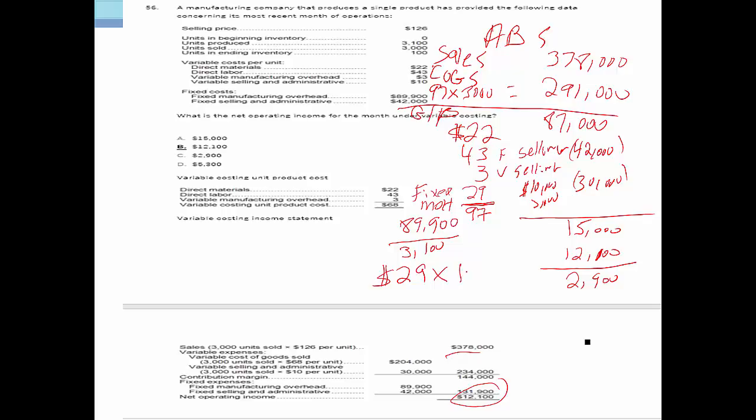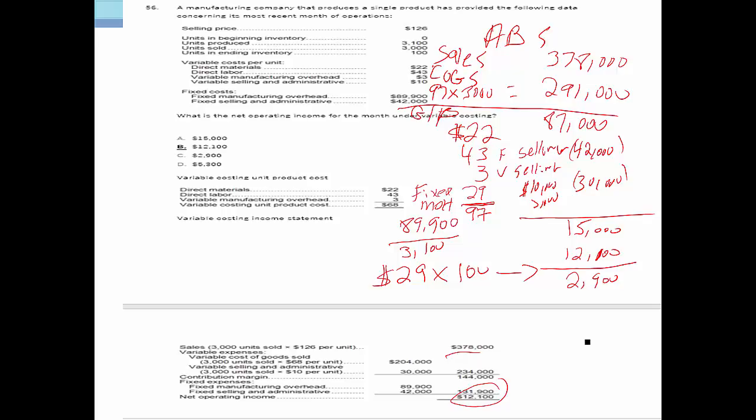Times the 100 units that we have extra sitting there in ending inventory where we've included the fixed cost, where under the variables we expensed it, right? We just took it as a period cost. Okay.